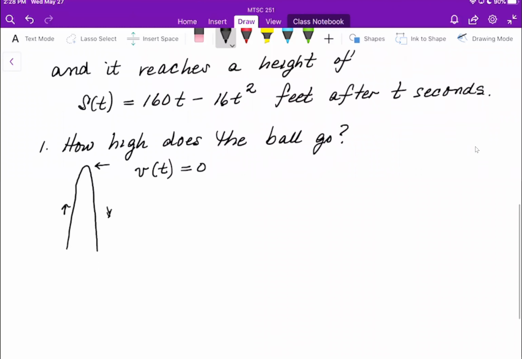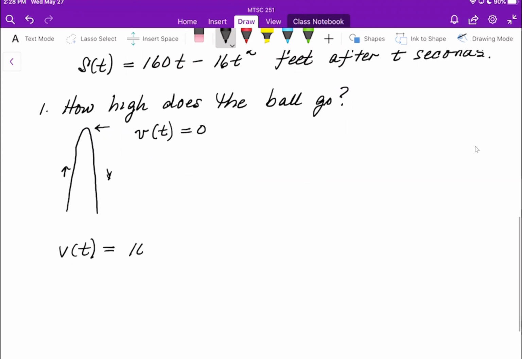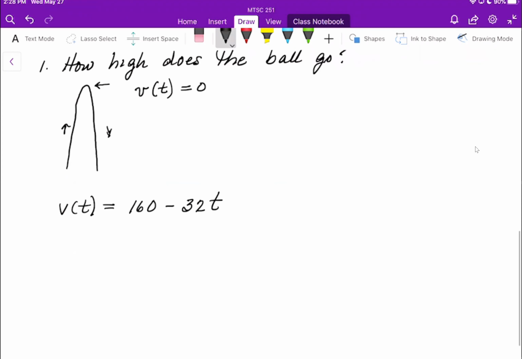So in order to find the velocity, we take the derivative of the displacement, and then we set that velocity equal to 0.